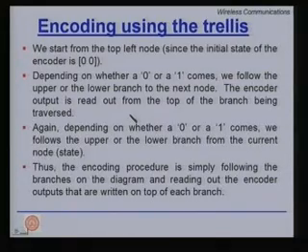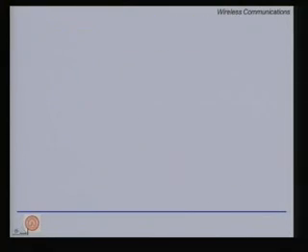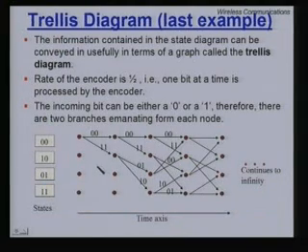And then you go to the next node, and you can carry forth this kind of a mechanical process. So, if you look at a trellis and see that you start with a 0 0, and if a 1 comes in, you go here, and then a 0 comes in, you take the upper branch, and if a 1 comes in, take the lower branch, and if a 0 comes in, take the upper branch.